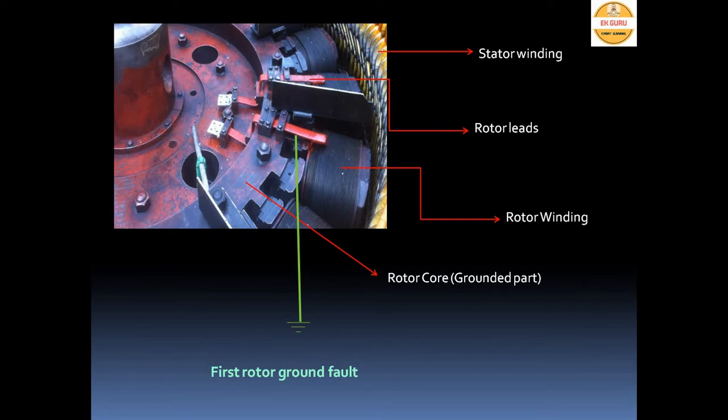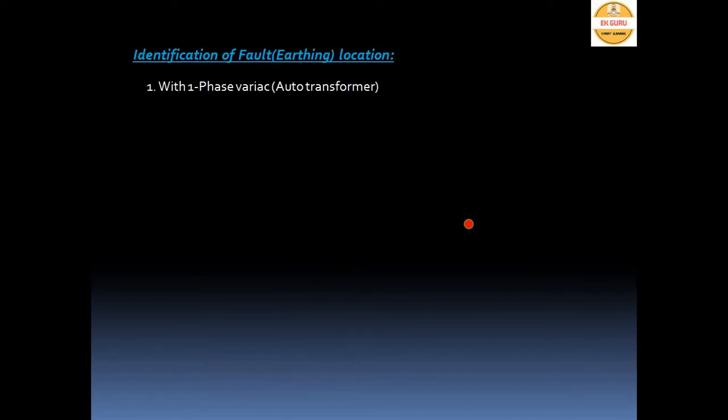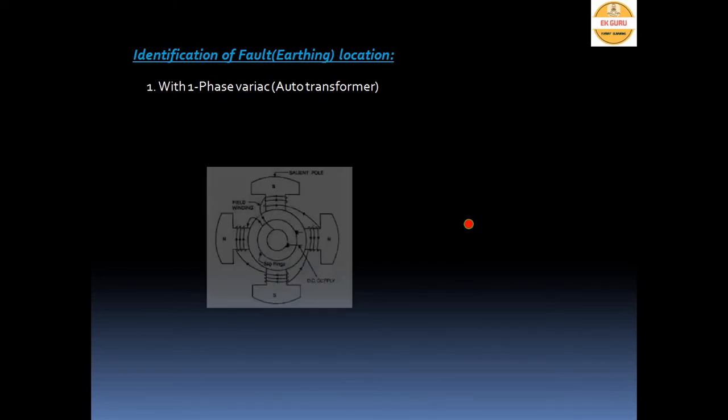That is, how to identify where the winding part or rotor leads part is earthed. By using relays, we can get the annunciation of rotor earth fault, but we cannot get the exact location of the earthing. That earthing point can be identified very easily by using a single phase variac.